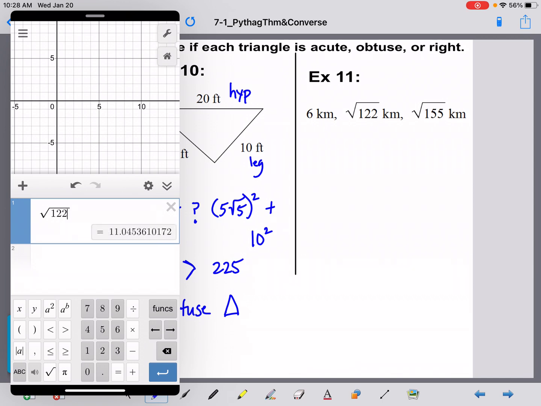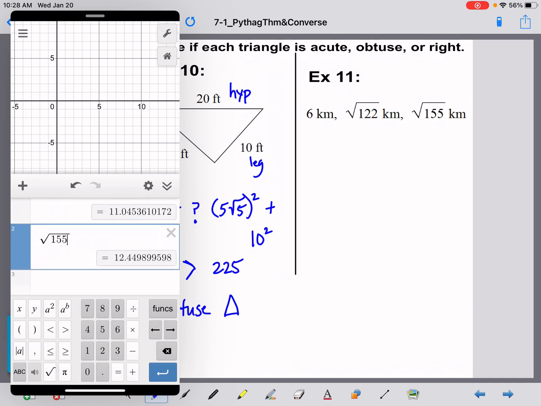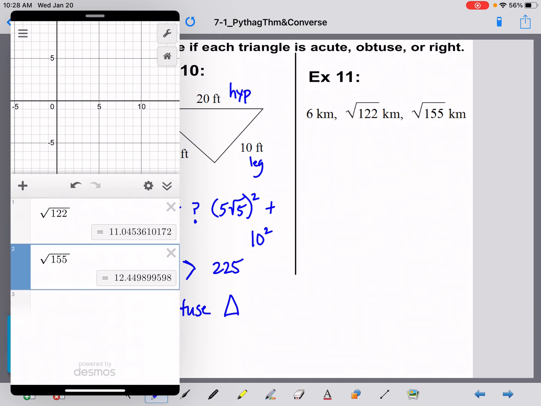I would suspect that radical 155 is bigger, but let's see what happens. Oh, yeah, okay. So radical 122 is 11 point something, and radical 155 is 12 point something. So this is going to be the hypotenuse, and these are going to be the legs.